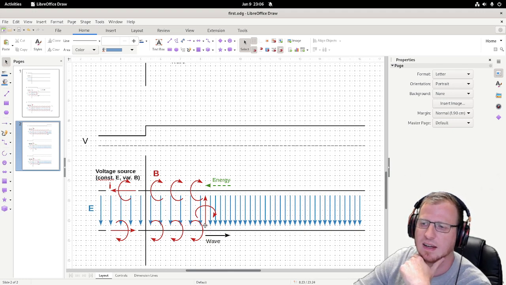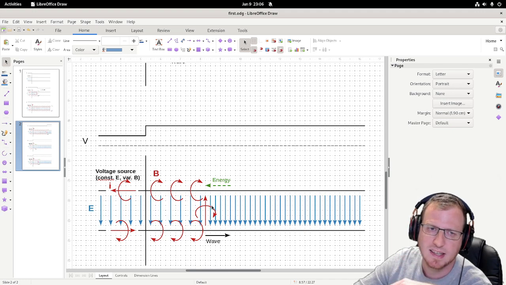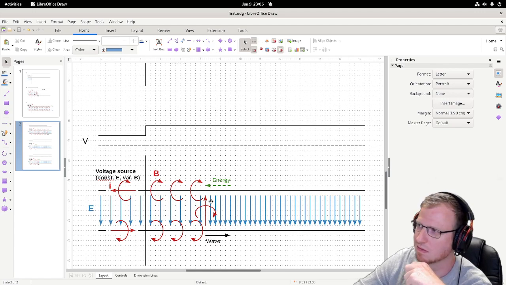So a current flowing in this direction means a decrease of the electrical field energy.